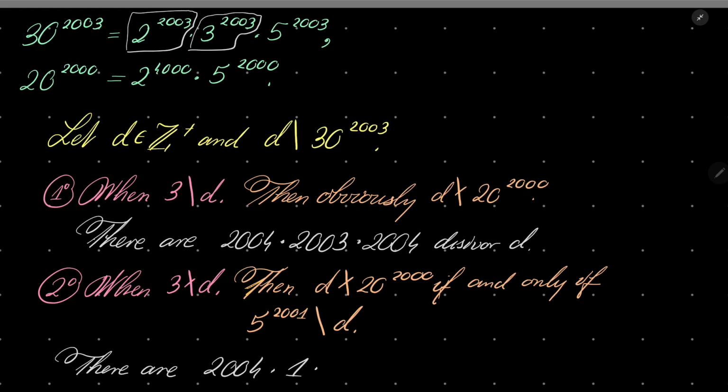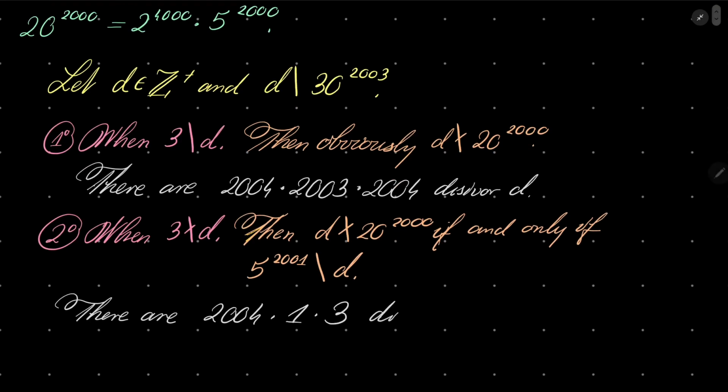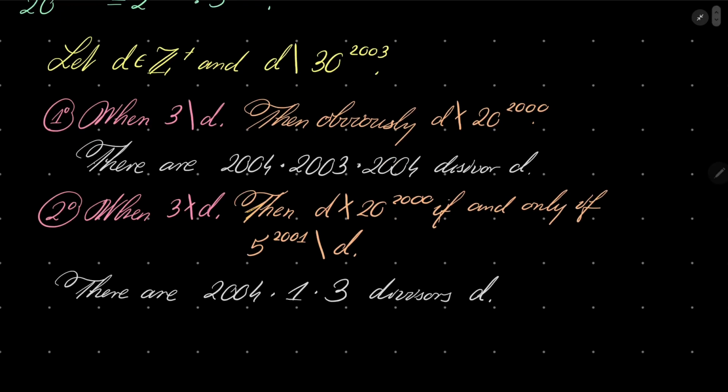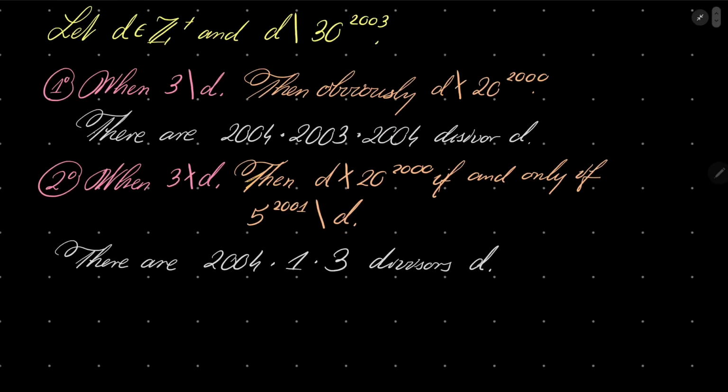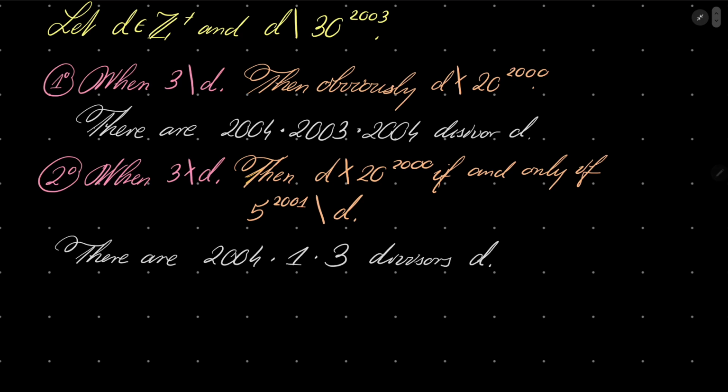Well, the exponents 2001, 2002, and 2003 are good. So we have just 3 options. These cases were disjoint, so now we just need to add these numbers.